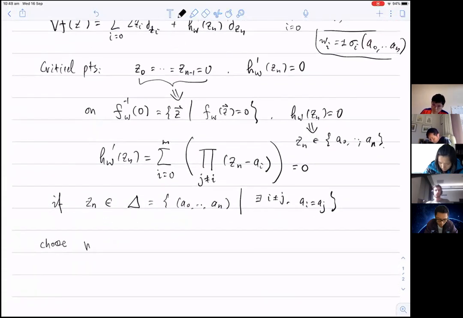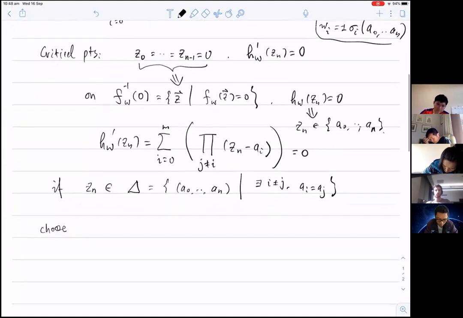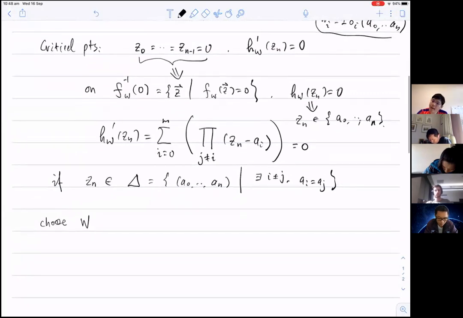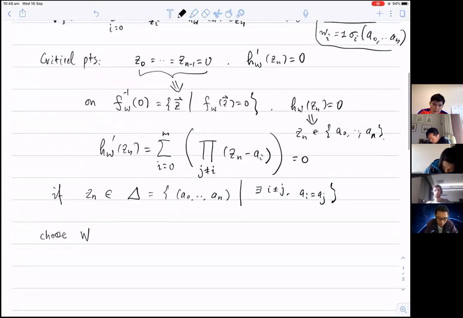So let's choose W small. Maybe I choose the other way.